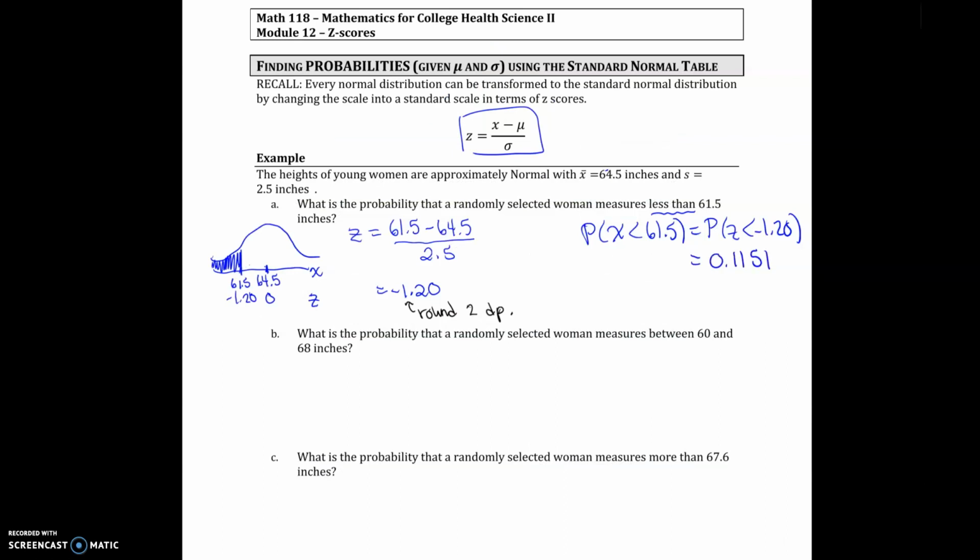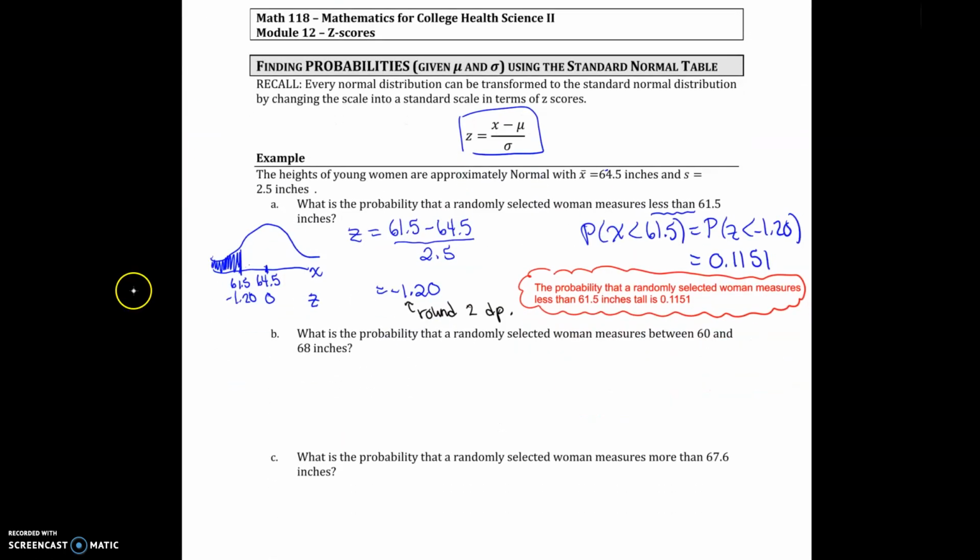Okay, and so I can write my conclusion. The probability that a randomly selected woman measures less than 61.5 inches tall is 0.1151.